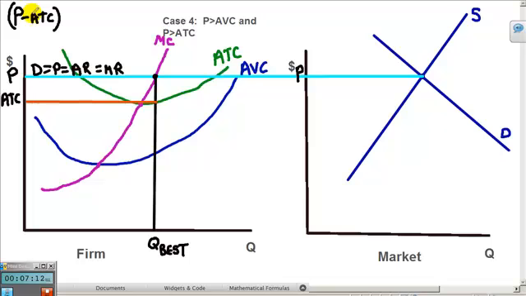In case 3, the price and average total cost were exactly the same, so it was 0 in the parentheses. But in this case, the price is greater than average total cost, and so this is a positive number. That's our per unit profit, and then times the number of units, which is Q best. I'll just call it Q.